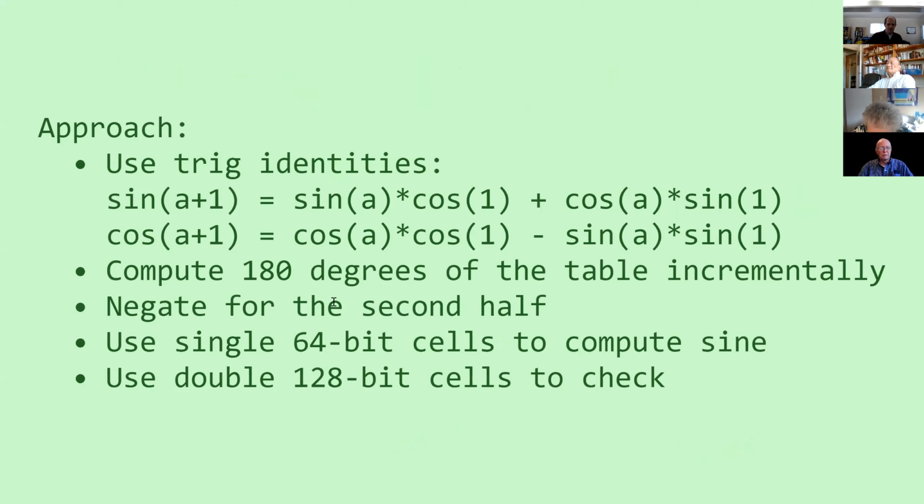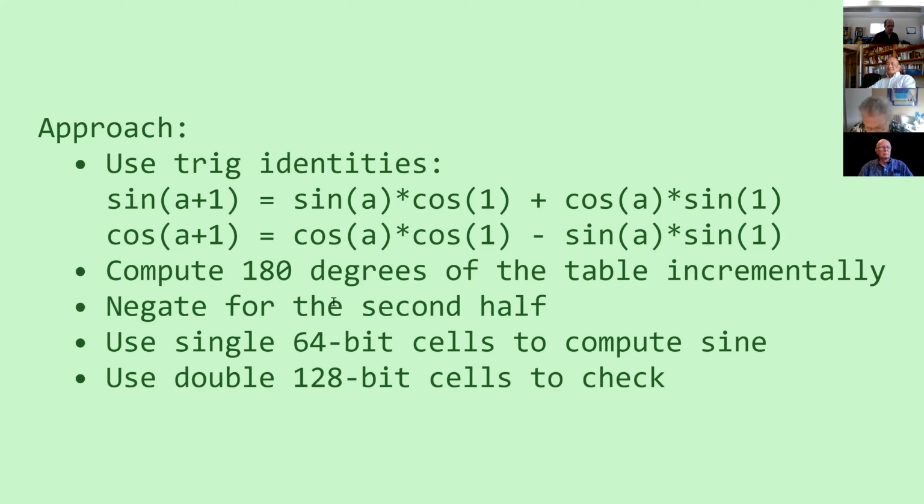This is the approach that I took. So I used the sum trig identities. So you can take sine A plus B, and there's a particular way to decompose a sine and a cosine into their constituent components.